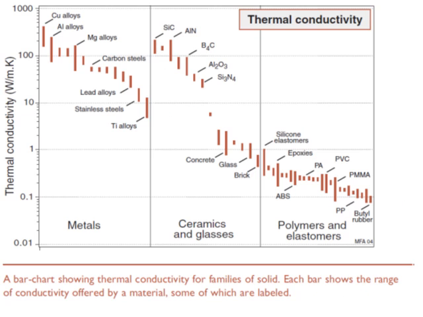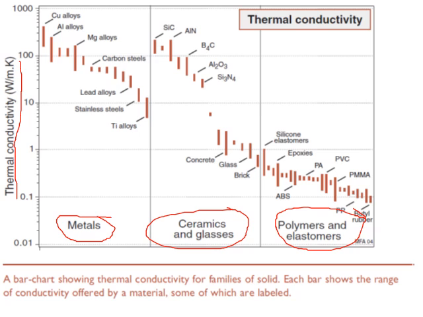Here you have the material property charts, which are related to thermal conductivity. I'm sure if you have the chance to use the CES EduPack, you can get this kind of chart. From this chart, you can relate to the metals, ceramic and glass, and polymer and elastomer in relation with the thermal conductivity.